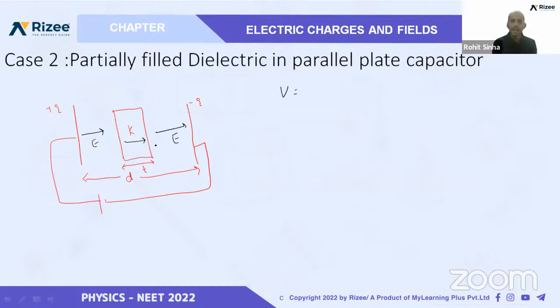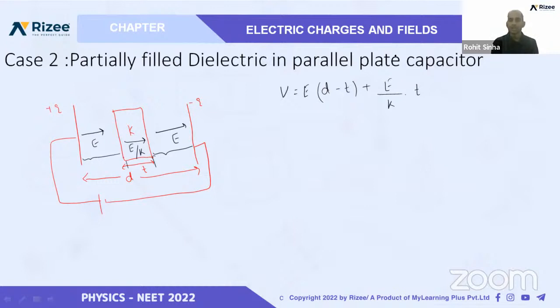Here again the electric field will be E. And we have learned in our previous topic that inside the dielectric, the electric field becomes E by K. So we can write V is equal to E present over the distance D minus T, plus inside this dielectric material the electric field is E by K and the thickness is T. Any problem till here?